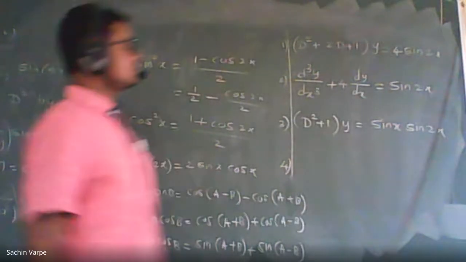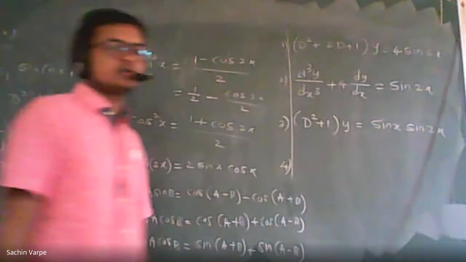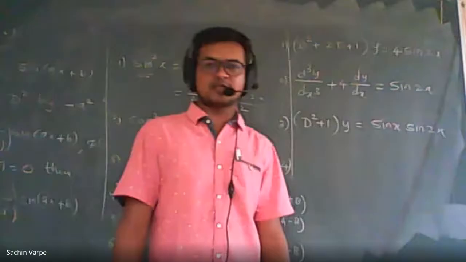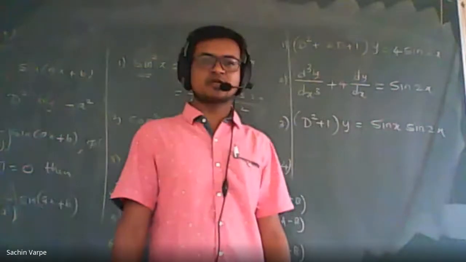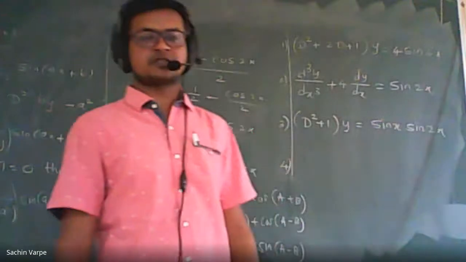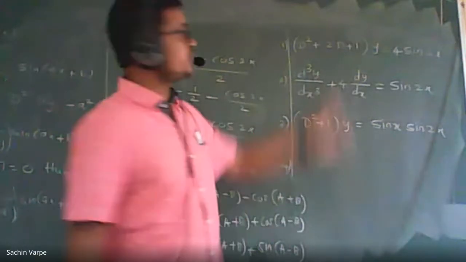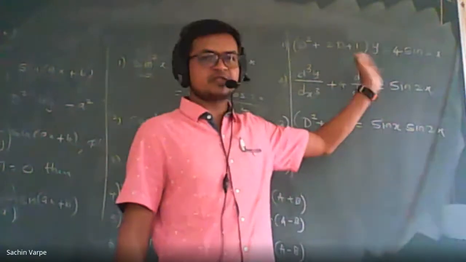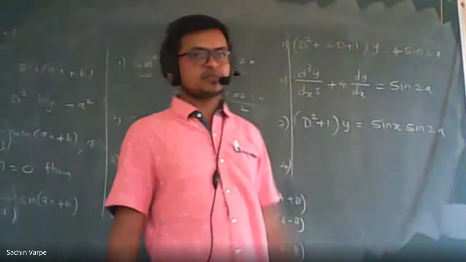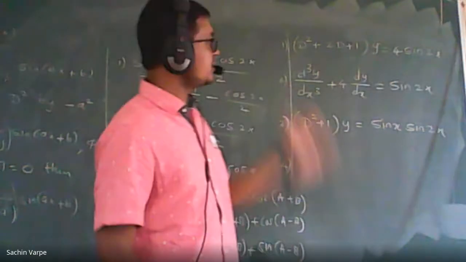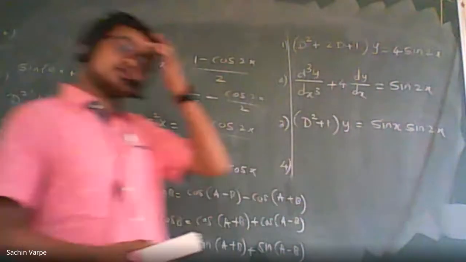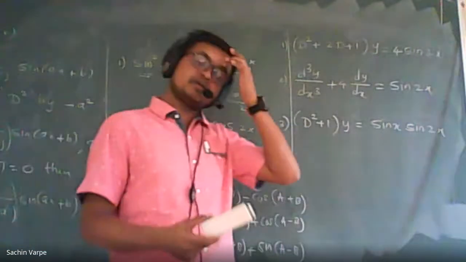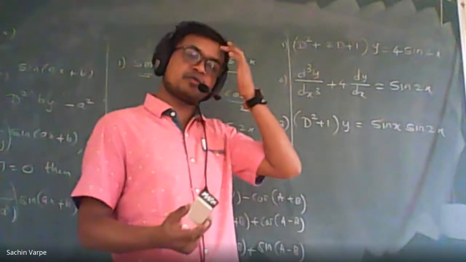So its general solution or the complete solution is y is equal to CF plus PI. We know the cases for writing CF, the complementary function, where we consider the homogeneous differential equation by taking the right hand side to be 0, and then we write its auxiliary equation, and with the roots of the auxiliary equation we write the complementary function.